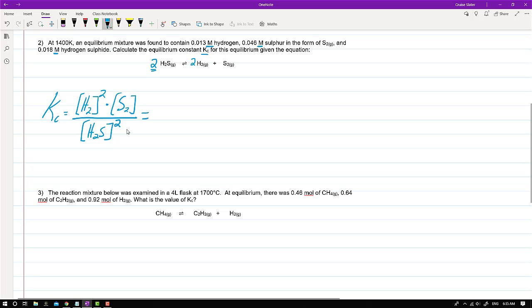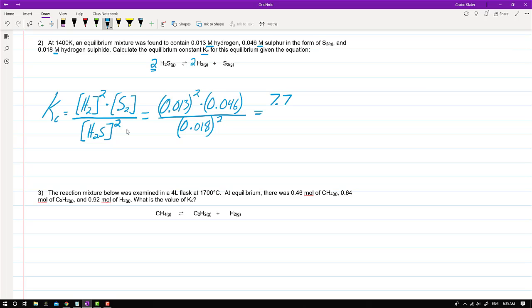Next up, we plug and play our values. So this is going to be 0.013 raised to the power of 2 multiplied by 0.046. We're going to divide that by our hydrogen sulfide of 0.018, again raised to the power of 2. And when we do this on our calculators, I'm going to present the scientific notation here just for clarity.